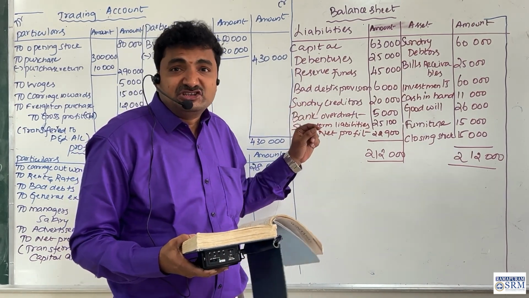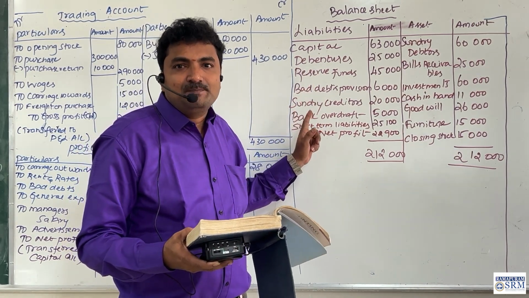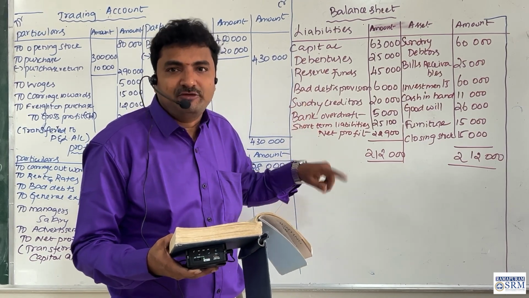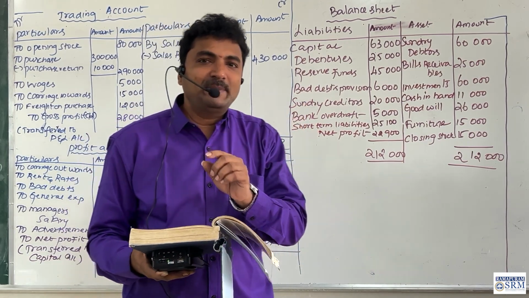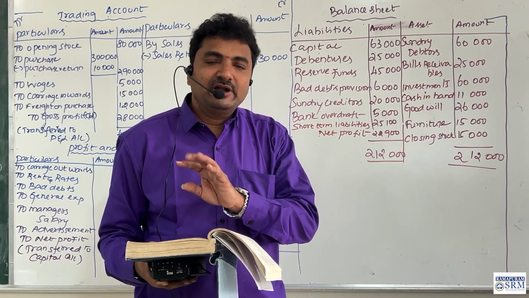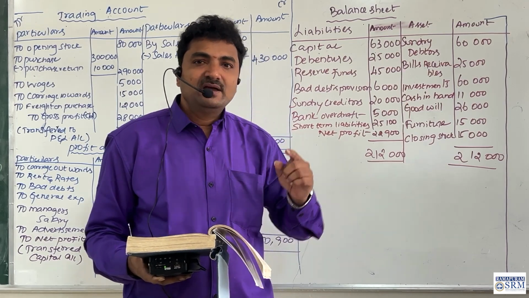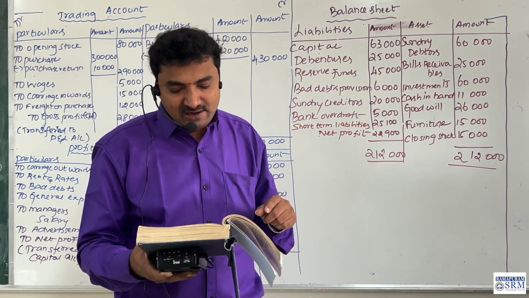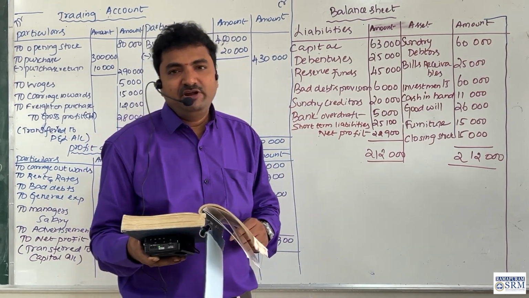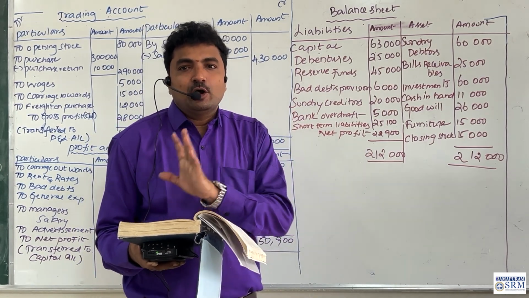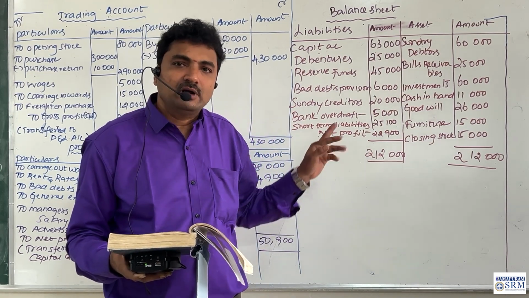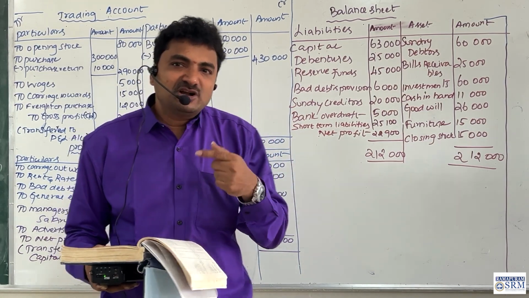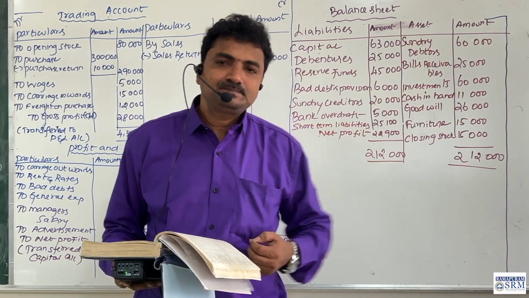The format is capital plus net profit. For example, if your capital is 10 rupees and your net profit is 4 rupees, you have to mention 10 plus 4. Capital plus net profit minus drawings. Before going on, let me explain what is meant by drawings.